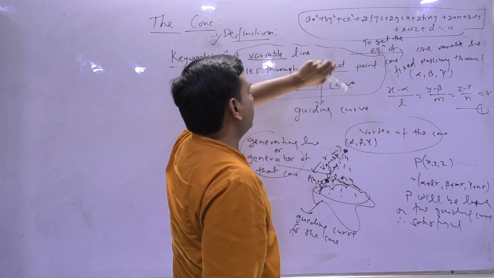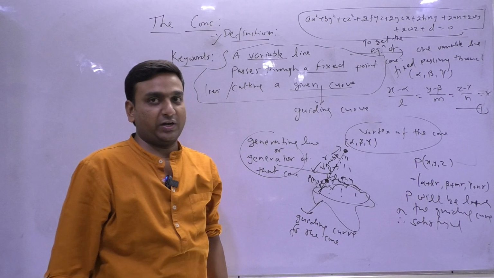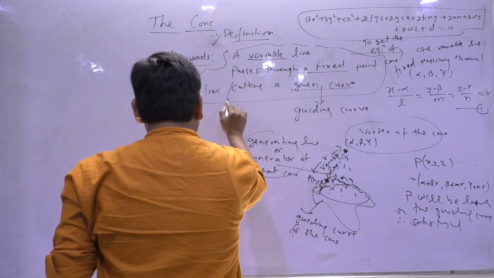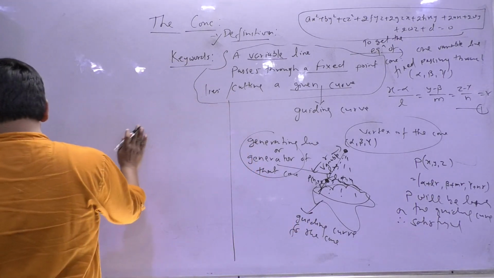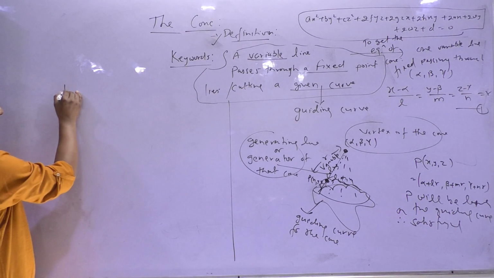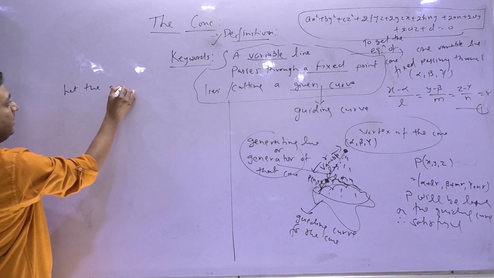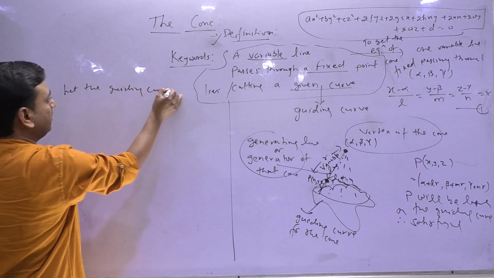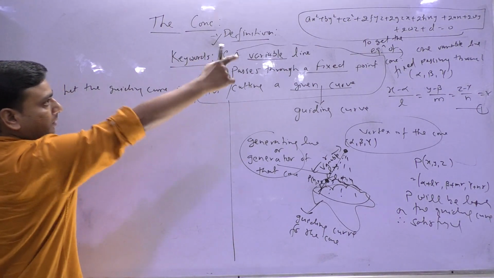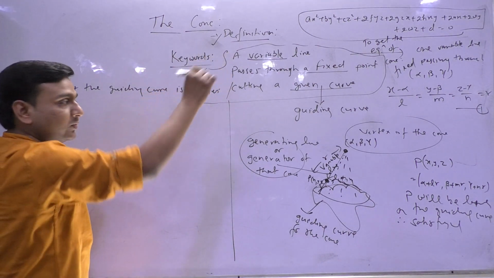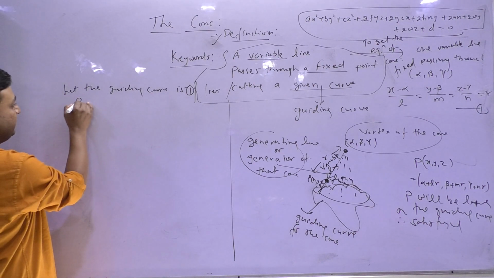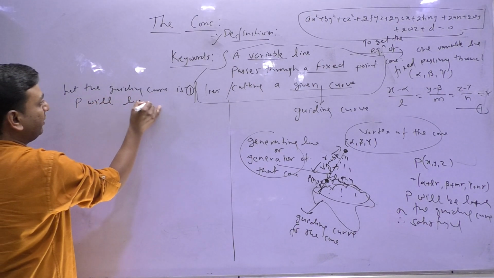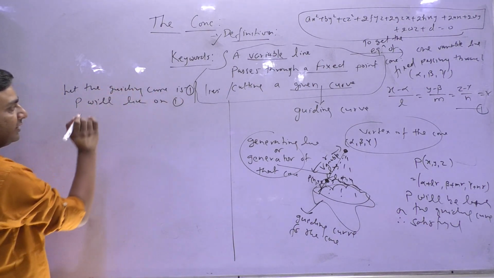Let's say my guiding curve is this. No issue at all. Let the guiding curve be equation 1. So P will lie on 1, so make it satisfy.